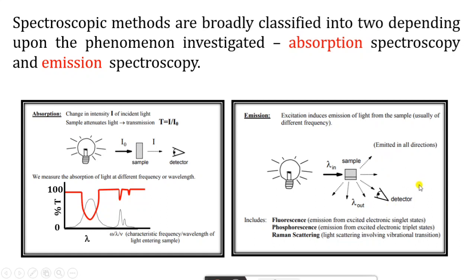By absorbing radiation, the molecule will go to the next energy level, and then emit the absorbed energy and go back to the ground state. That emitted radiation will be detected in emission spectroscopy. So there are two kinds of spectroscopy: absorption spectroscopy and emission spectroscopy.